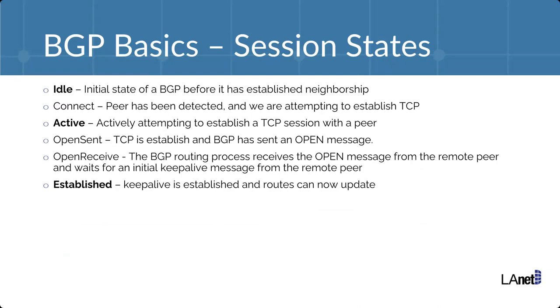And so these session states are based on the capability to form a TCP 3-way handshake and then a BGP session to exchange routes. So we start in an idle state, which just means I have not even tried to make a 3-way handshake. You'll be idle, for example, if one end is configured, but the other end hasn't been configured yet, right?